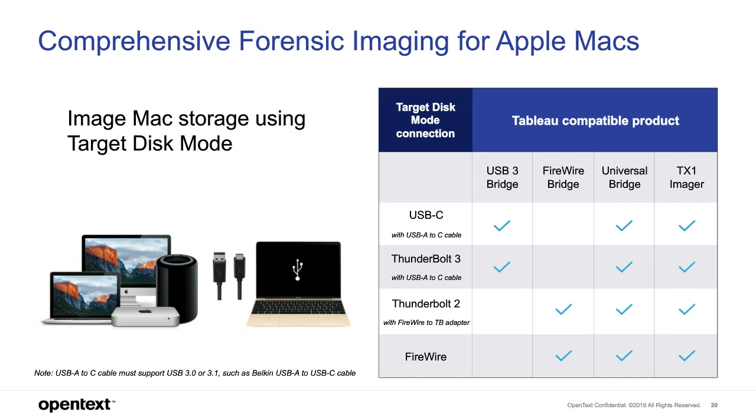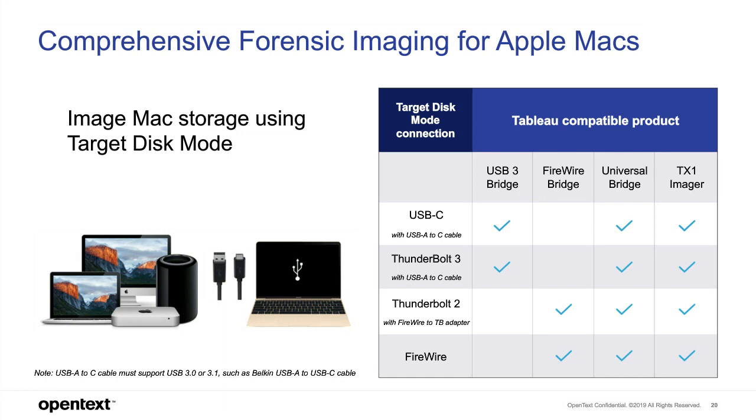So Apple released Macs sporting USB-C and Thunderbolt 3 ports, and they threw the forensic community a bit of a curveball. Well, at OpenText, we know how to hit curveballs, so we've been working hard to ensure that TX1 continues to offer reliable, high-performance TDM operations, even with these new USB-C devices.